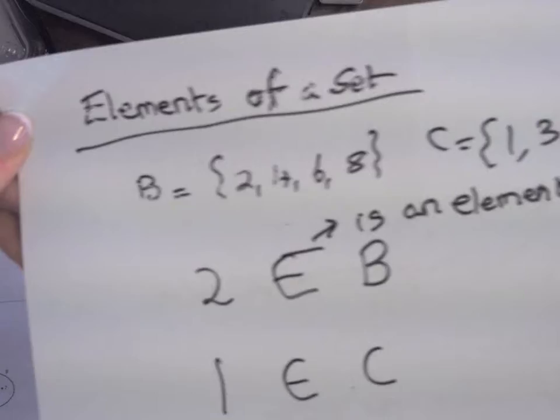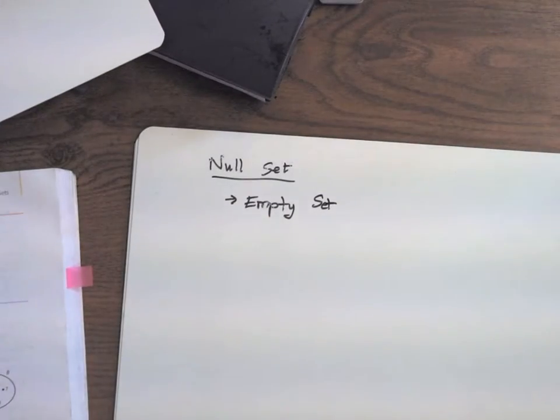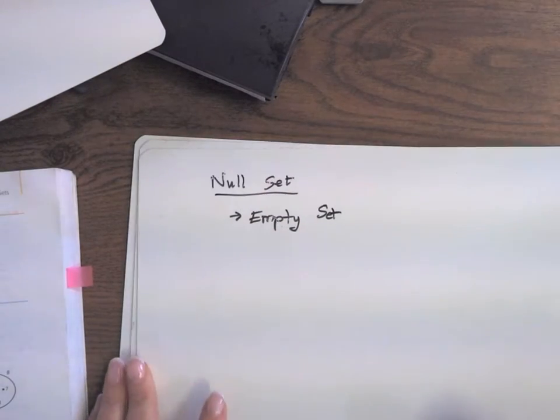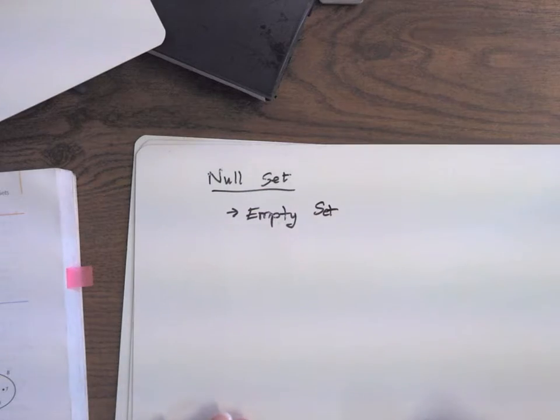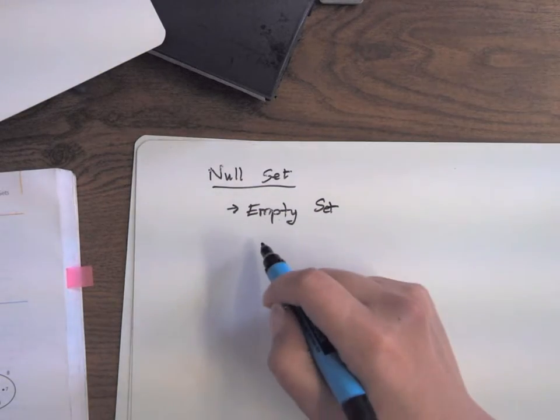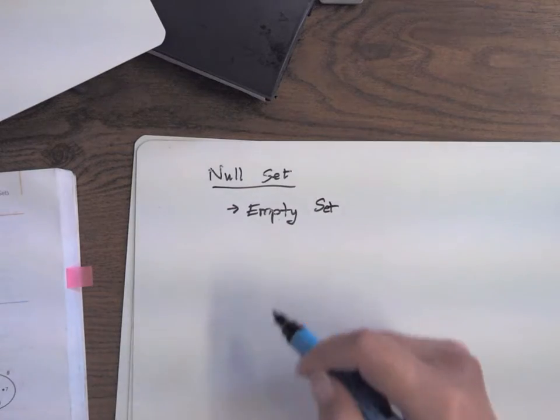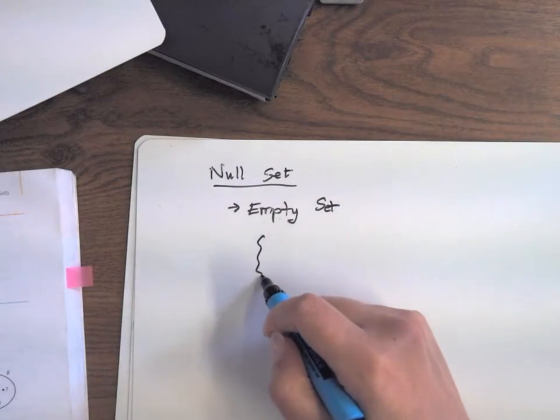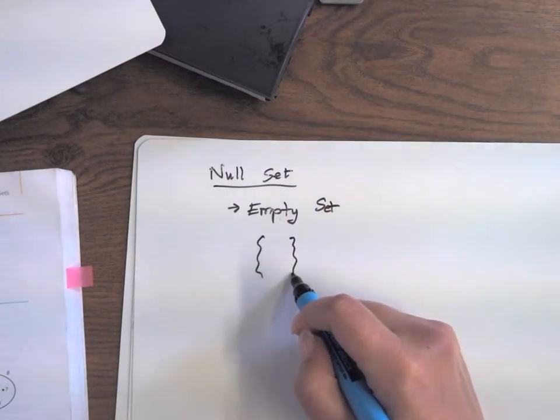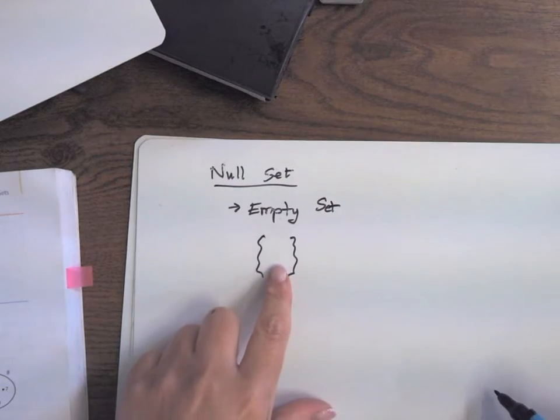Everyone's okay? So is an element, is not an element. The null set is the empty set, the set with nothing in it. Does anyone remember what the symbol for the null set is? There's 2 symbols you can use. I can use curly brackets with nothing inside them. So it's clearly empty, isn't it?